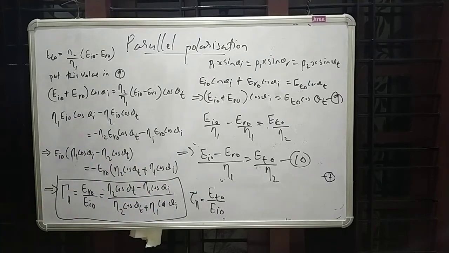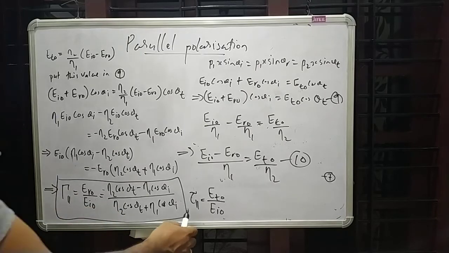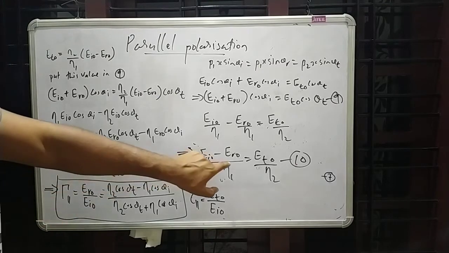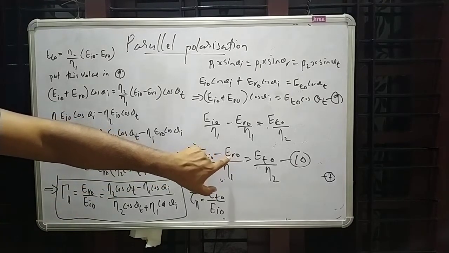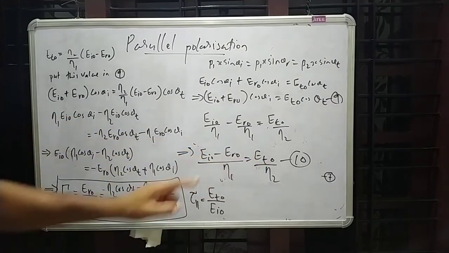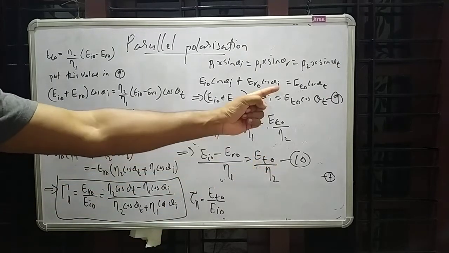Okay. In a similar way, we can find the transmission coefficient tau parallel also. We need to find ER0 in terms of ET0 and EI0 from equation 10, and substitute into equation 9.